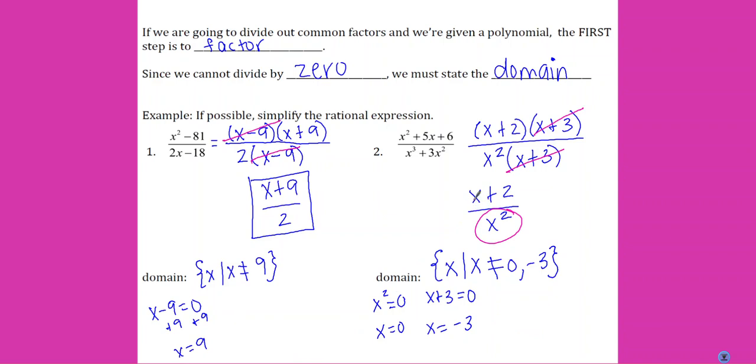This x on the top is not a factor because it's being added to this 2. It would be much different if it said 2x over x squared. Then we can simplify that. But because of this plus sign, you cannot cancel this x with anything other than an x plus 2.